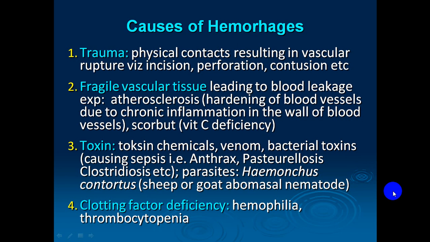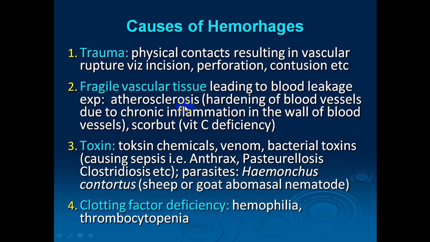So the causes of hemorrhages are very clear. They can happen due to trauma, or because of fragile vascular tissue, for example due to atherosclerosis. It means there is hardening or also rupture of the blood vessels.